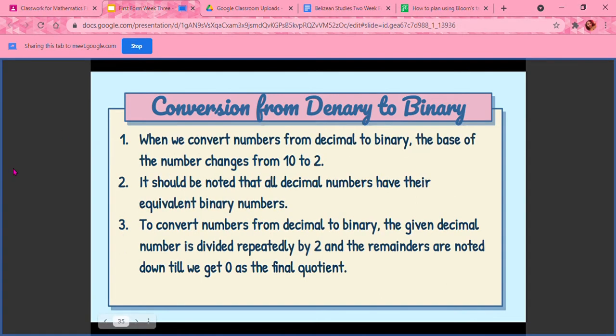Now, when we convert numbers from decimal to binary, the base of the number changes, and that is very important. When you write your answers, if the question says 127 base 10, change that to a base 2, after you do all of your working and you write your final answer, that answer has to have the little 2 at the bottom.